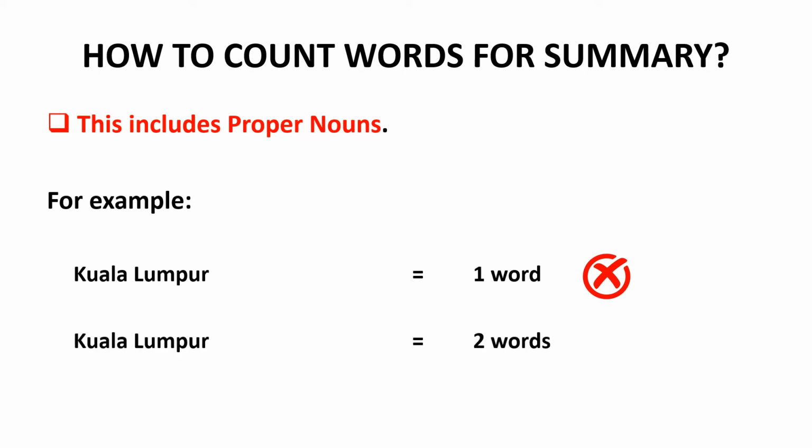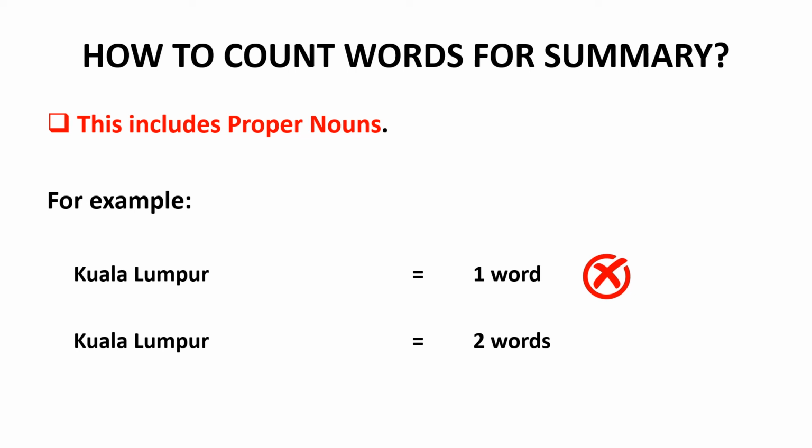But in English, Kuala Lumpur is counted as two words. So Kuala is one word, Lumpur is another word. Okay, please do not confuse English summary writing with Bahasa Melayu pemahaman or Bahasa Melayu ringkasan.